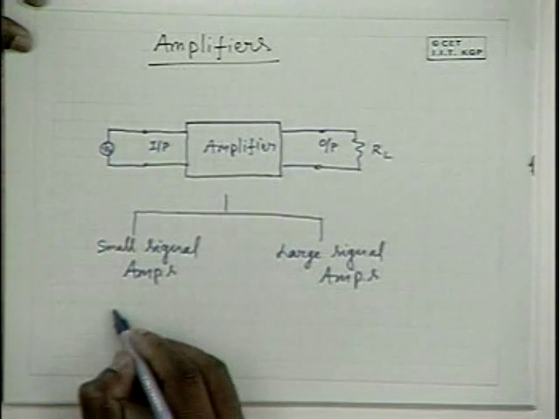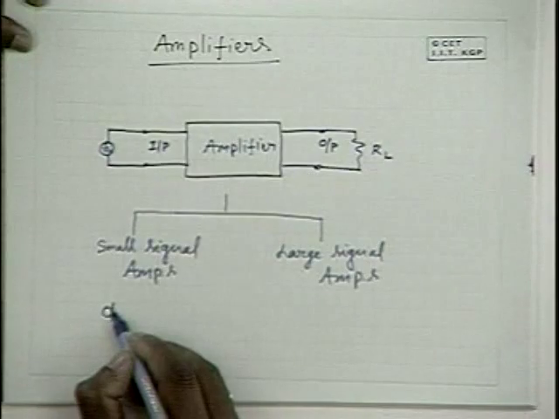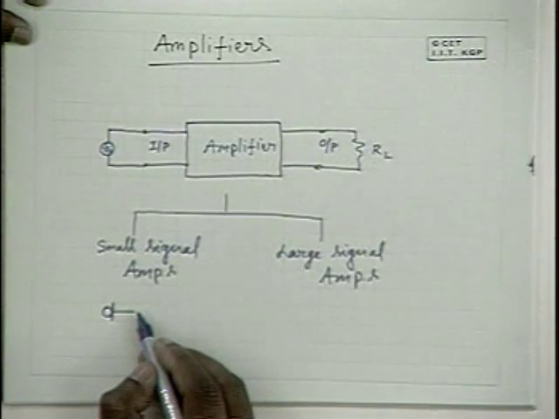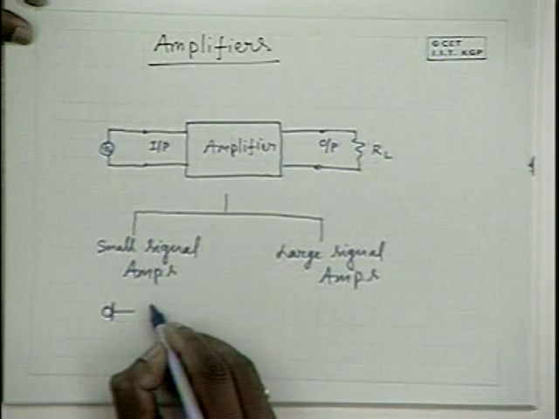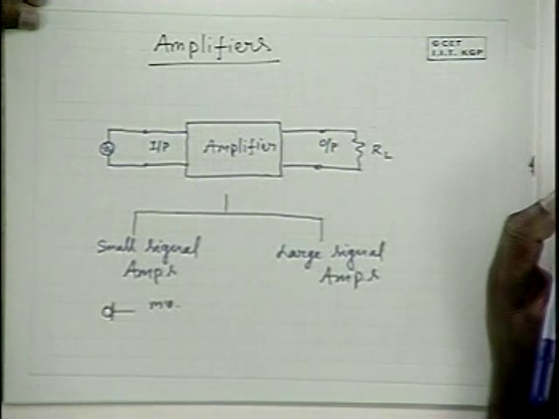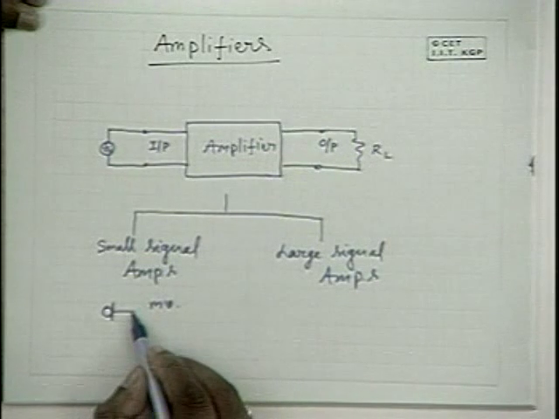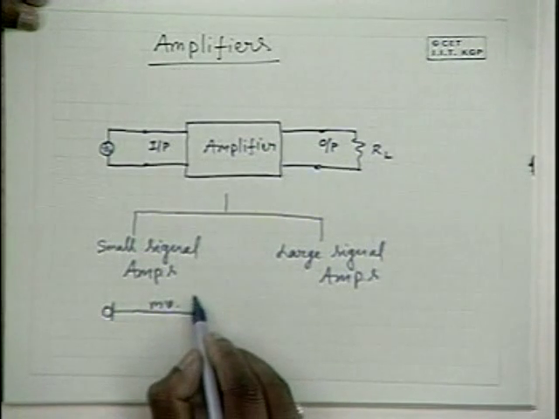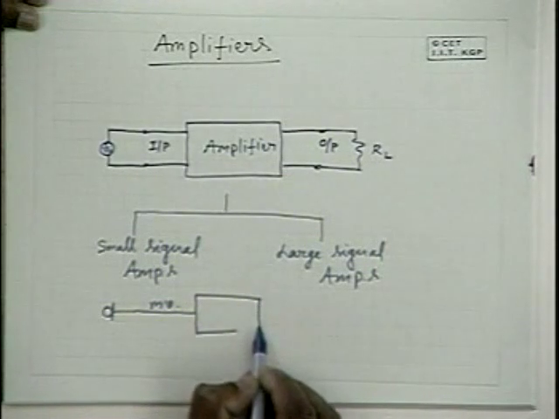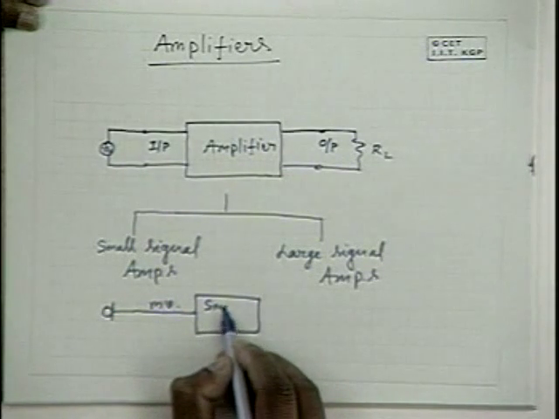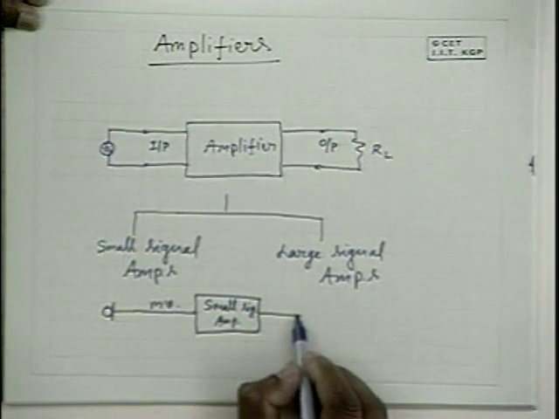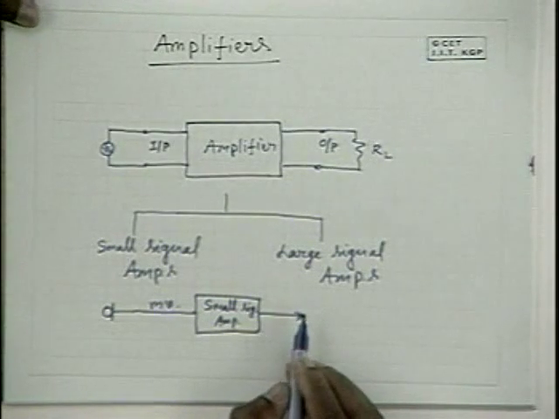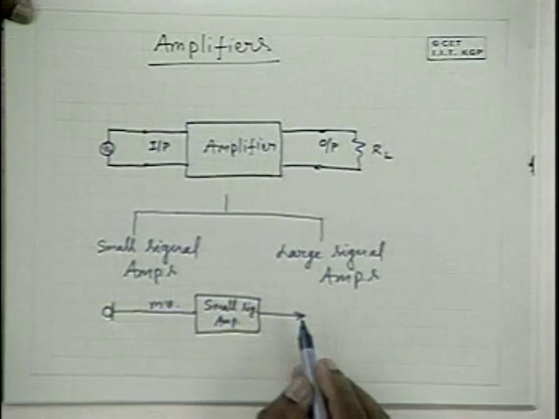For instance, a microphone picks up voice signals, and the amplitude of the voice signal is of the order of millivolts. It's a small signal. We amplify such microphone signals through a small signal amplifier and bring the output voltage level to a few volts.